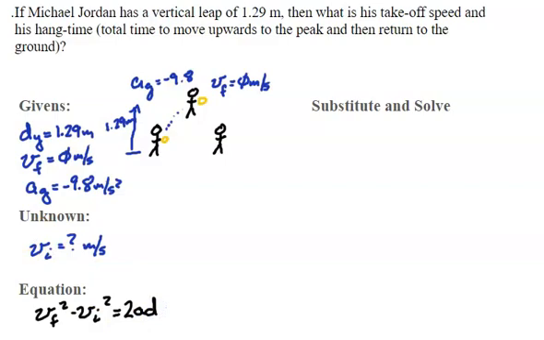So our velocity final is 0 squared minus, we don't know what our velocity initial is, but it's squared, and that equals 2 times the acceleration due to gravity, which is negative 9.8, times our displacement, which is 1.26.